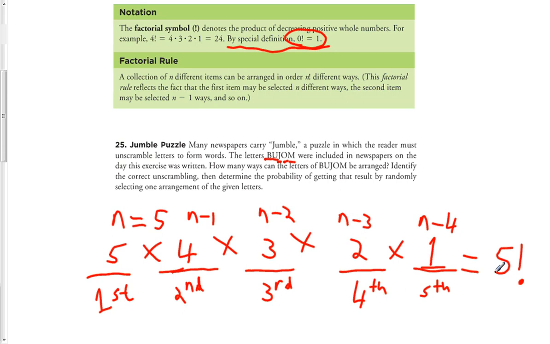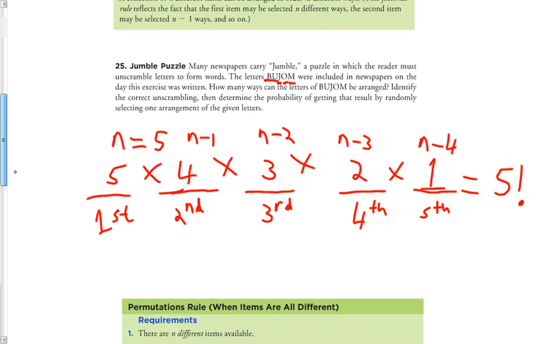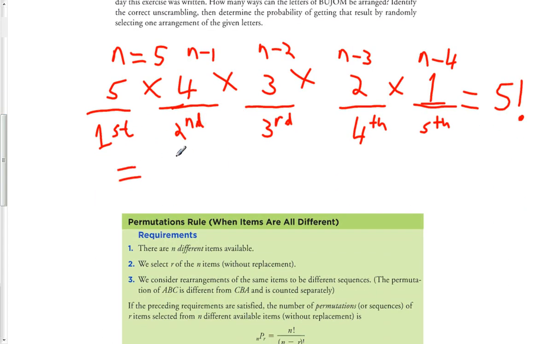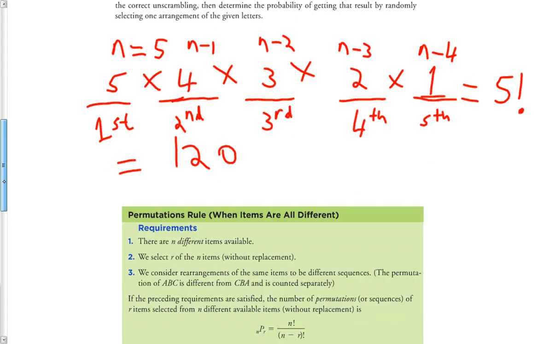You can see that because we used the fundamental counting principle, but it amounted to the factorial rule. So the answer, 5 times 4 times 3 times 2 times 1, is 120. So there are 120 different words that you can make with those letters.